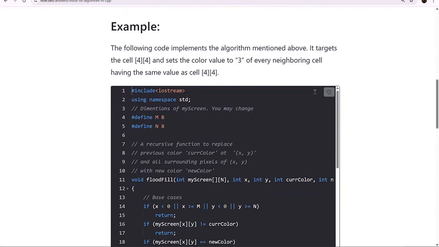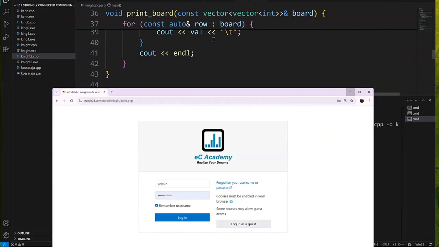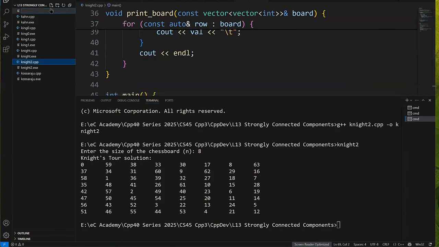Okay, so let's copy this code and put it over here. This one is called flood fill.